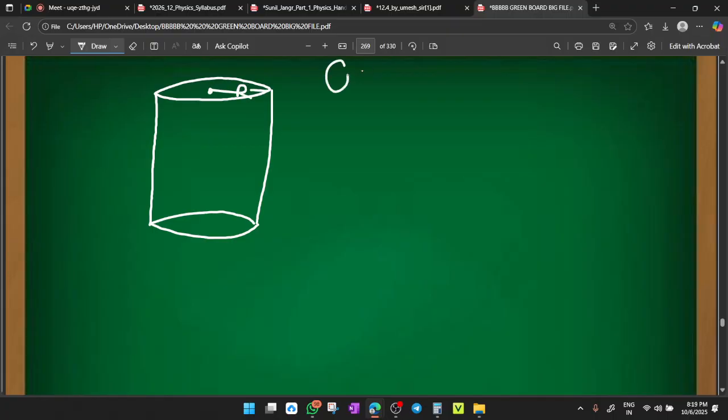Now case 2 is given. The current is passing through the whole surface area. This complete area is utilized for passing the current. And you have to find the magnetic field intensity at this point, say small r.